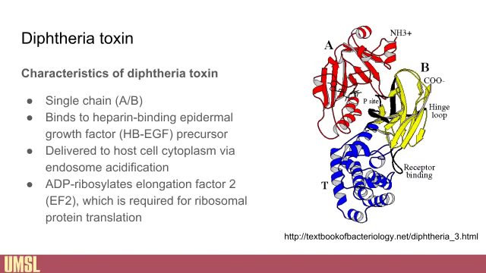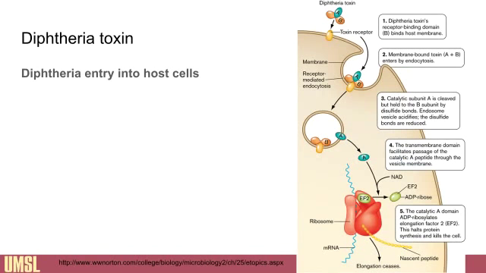So that's one interesting way that, in terms of biotechnology, we can use toxins for our own purposes, because these things have been so exquisitely honed over evolutionary time that we can essentially swap those enzymatic functions out for things that we're interested in delivering into cells.